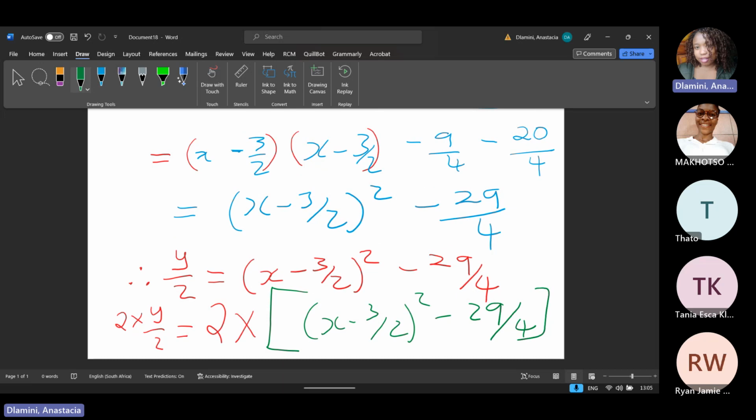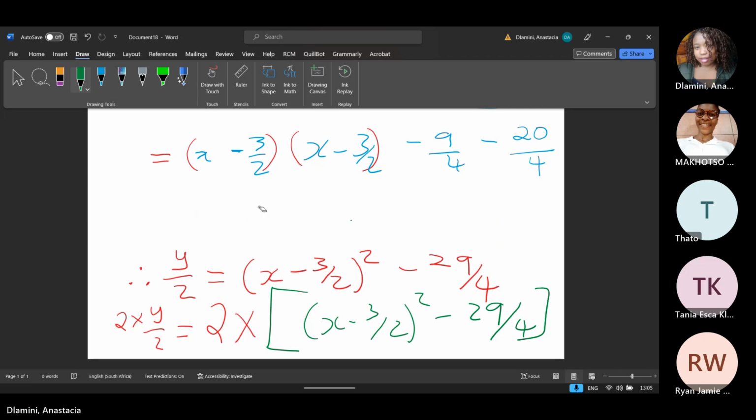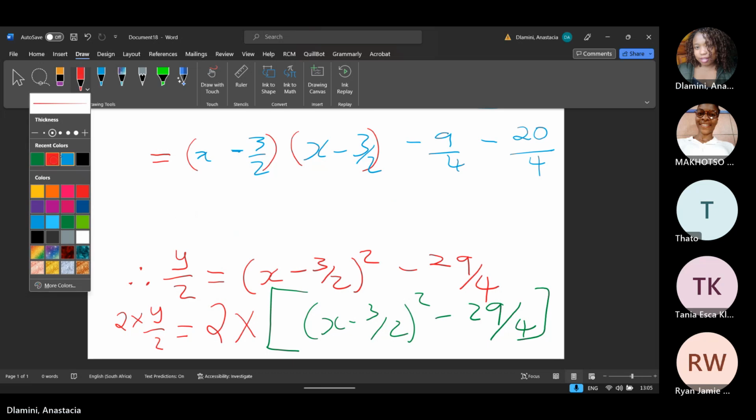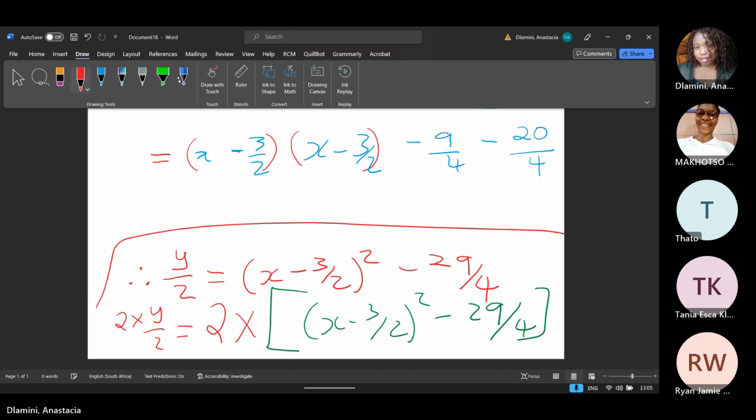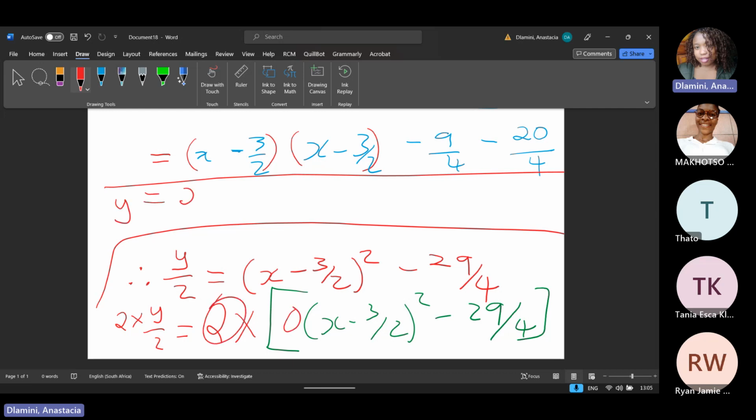So this will be y equals 2 times this first bracket, 2(x minus 3/2) squared, minus 2 times 29/4, which is 29/2.